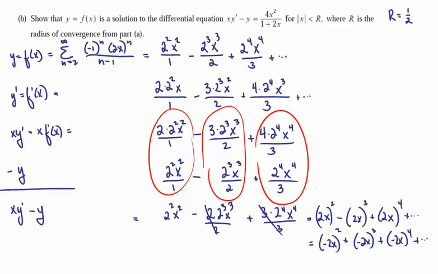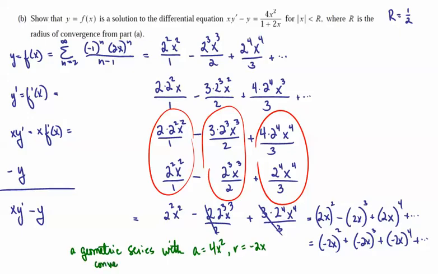And what we're ending up with here is a geometric series with a equal to 4x squared and r equal to negative 2x.